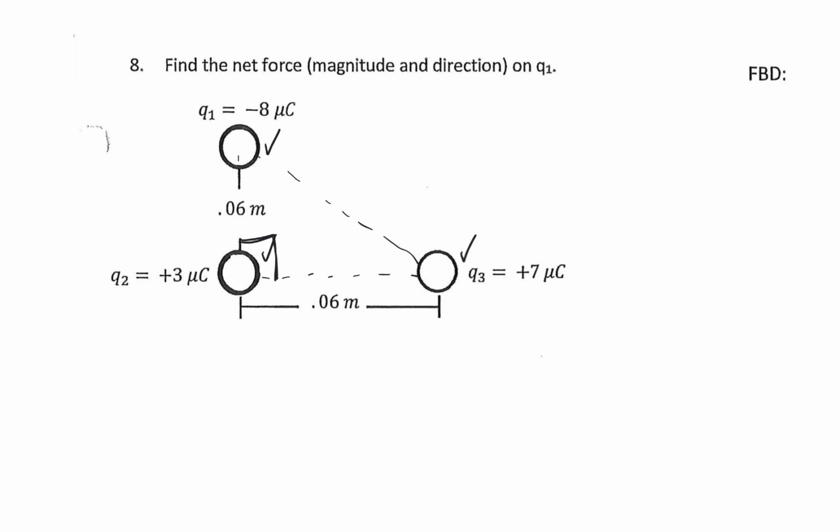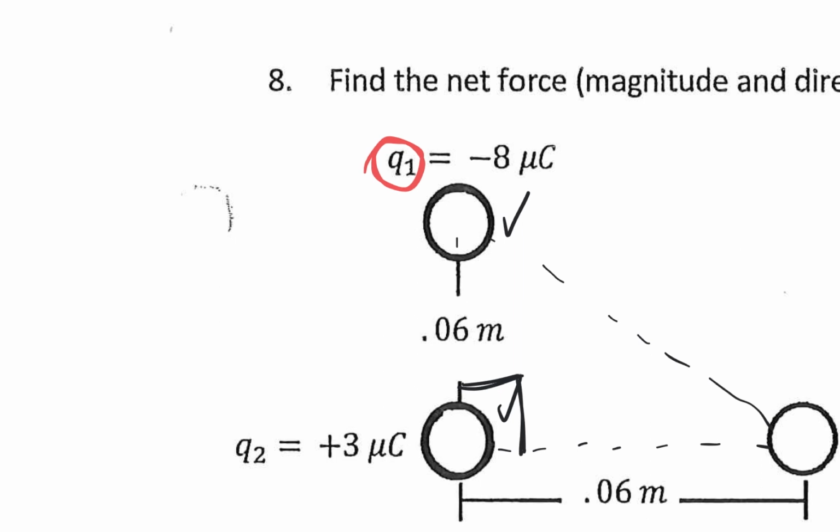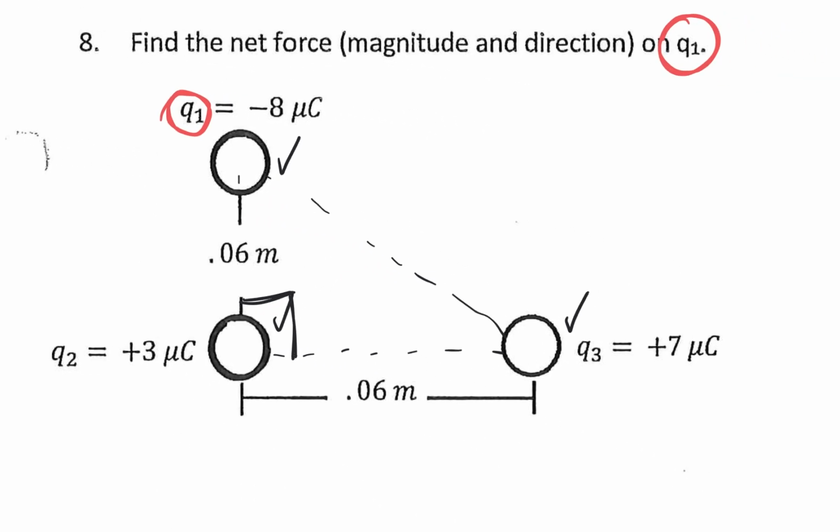So the question is, if you wanted to find the net force on Q1, that's up here in the upper left corner, you have to ask yourself the same questions that you would in a straight line. What does Q2 do to Q1? And then pretend Q2 isn't there, just imagine it being hidden.